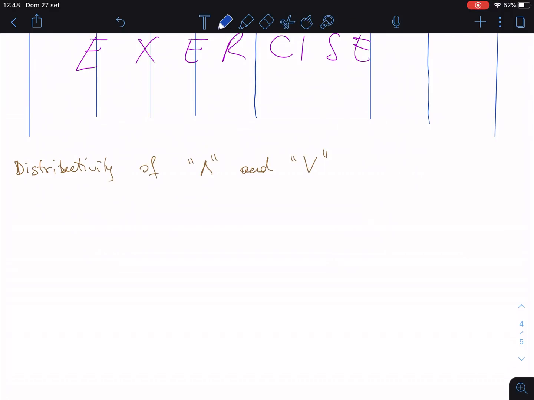So here you have that P and (Q or R) is equal to this proposition (P and Q) or (P and R). Okay?